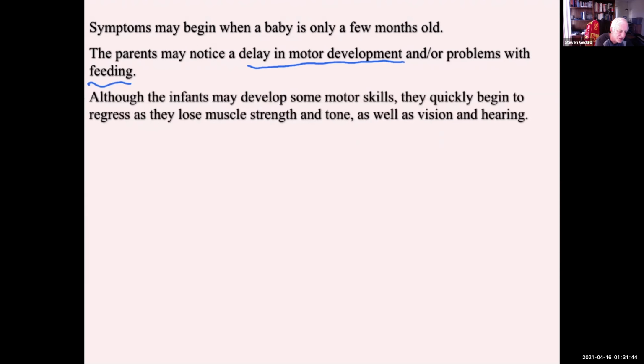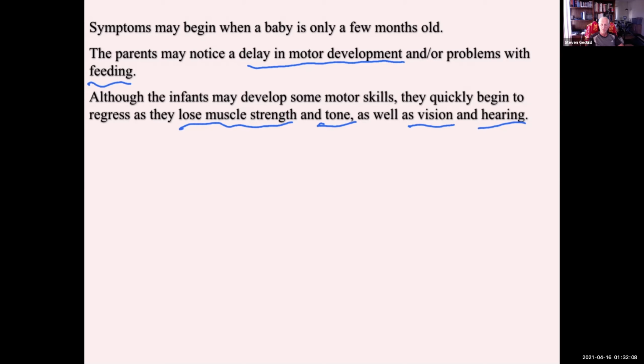Infants may develop some motor skills, but they quickly begin to regress. At first they may develop some, and then they go back to their previous ways as they lose muscle strength and tone, as well as vision and hearing. So you start to lose your muscle mass. You lose the strength in your body, so you won't be able to start walking because you have no muscle strength.